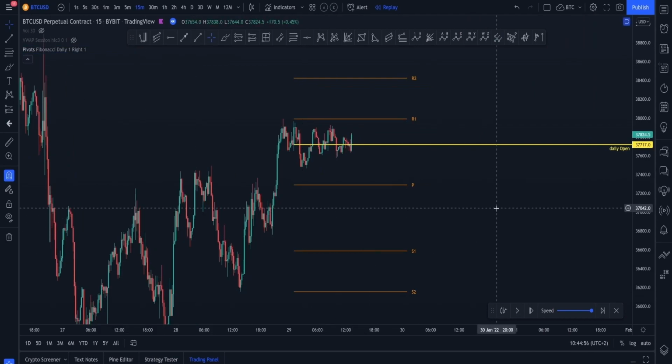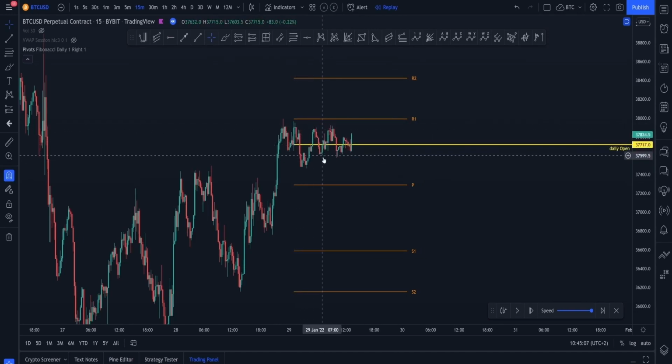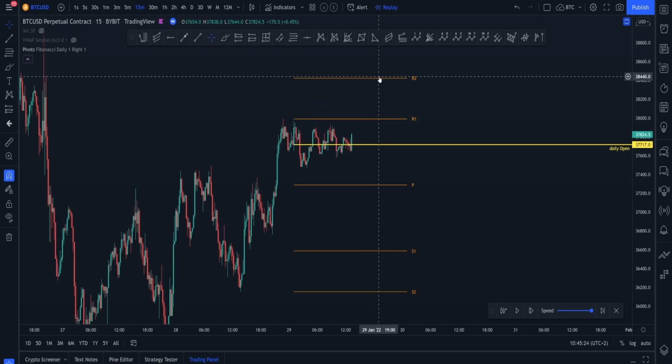Now, let's see if we can find a possible intraday trade setup using the pivot system. Here, I have marked the daily open, and we can observe that price is ranging around this level. A possible trade setup would be either a long from the P center pivot or a possible short from the first resistance pivot or even the second one.